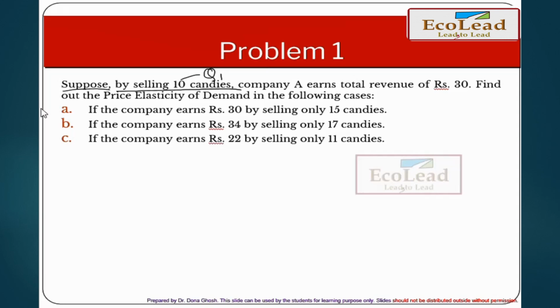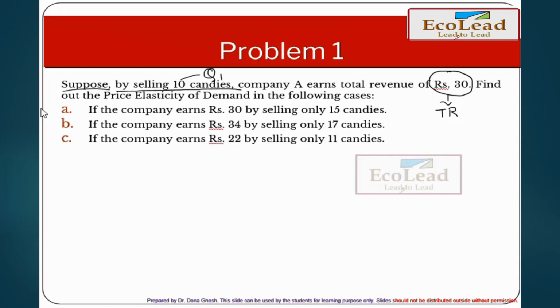Company A earns total revenue of rupees 30. This is nothing but the total revenue of the company at the initial level. Now the question is to find out the price elasticity of demand in the following cases.